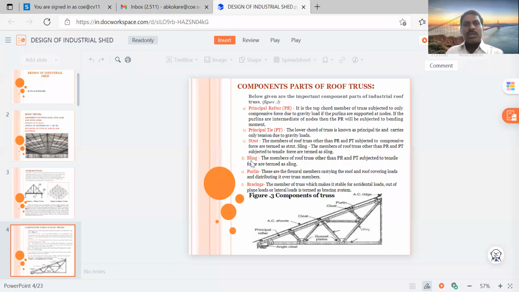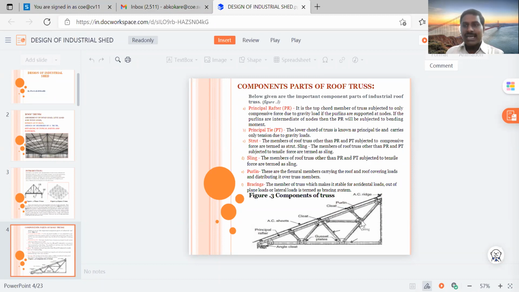Then the fourth component or fourth part of the roof truss is the sling. The members of roof truss other than the principal rafter subjected to tensile forces. It means whatever inclined members, if you see here, sling is written, whatever inclined members of a roof truss are there, those inclined members are subjected to tensile force, and these members we are calling sling members.